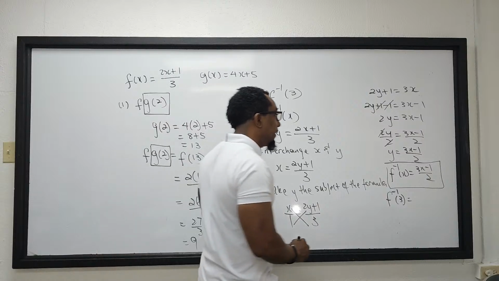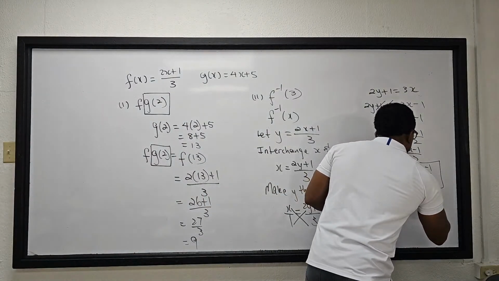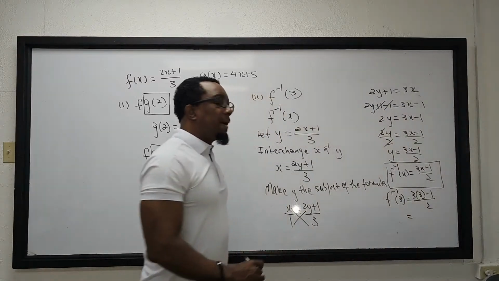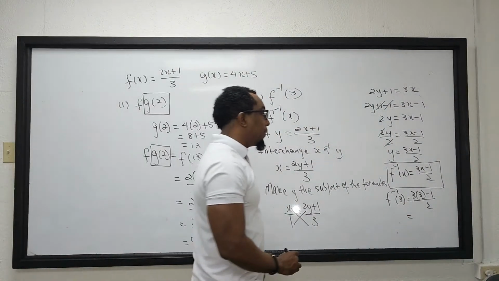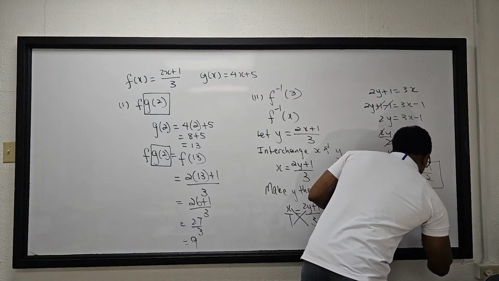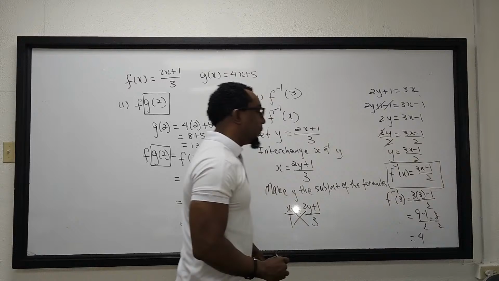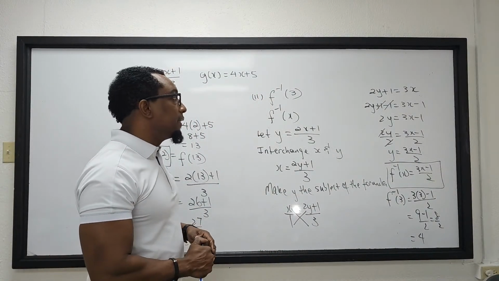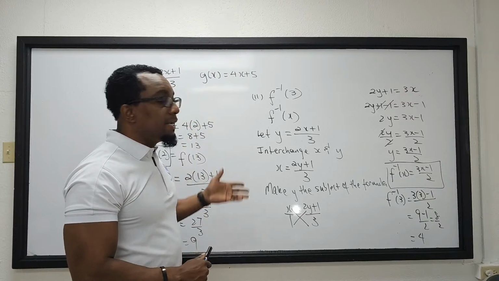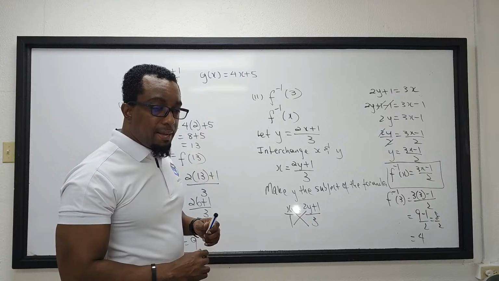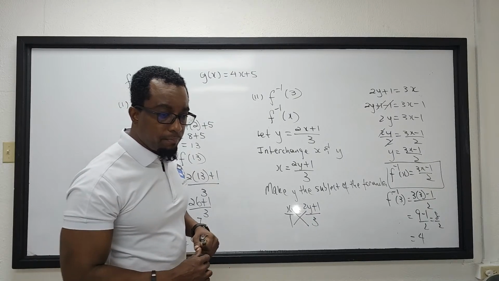So this is 3 times 3 brackets subtract 1 over 2. 3 by 3 is 9, subtract 1 will give me 8 over 2, whose answer is 4. So f inverse of 3 is equal to 4. So first we find f inverse of x, and after we find f inverse of x, then we can find f inverse of 3.